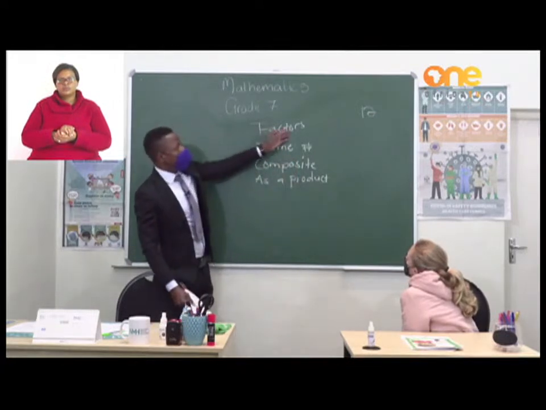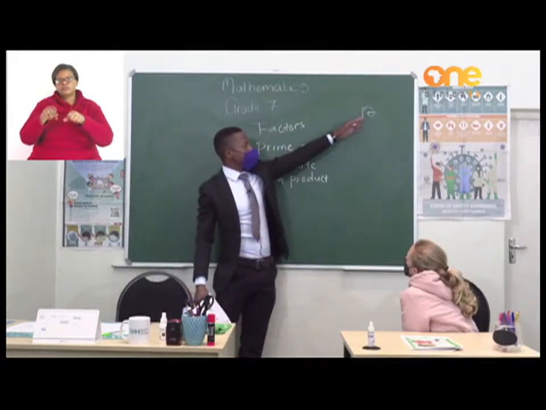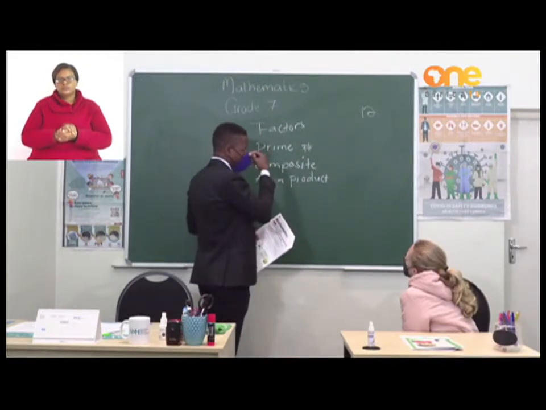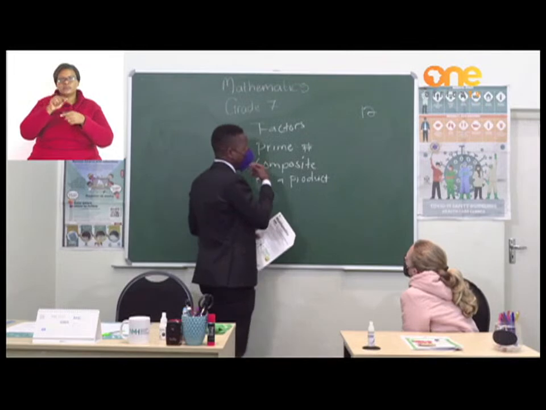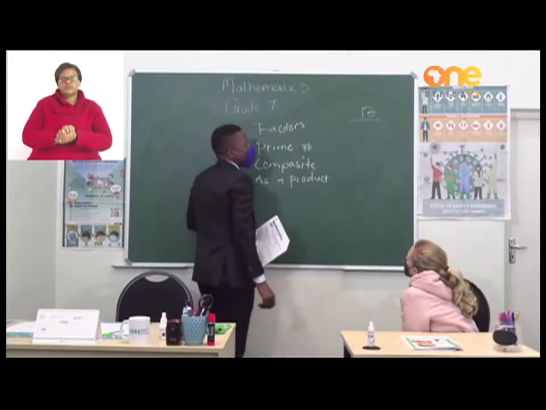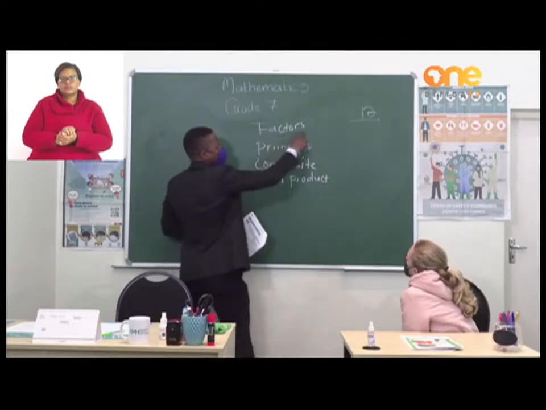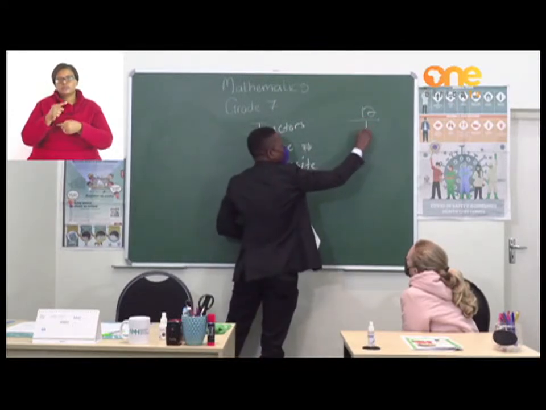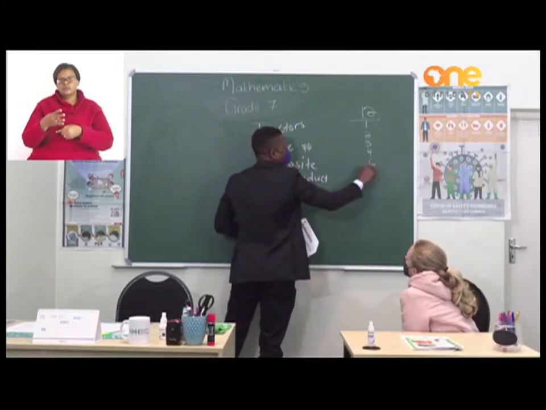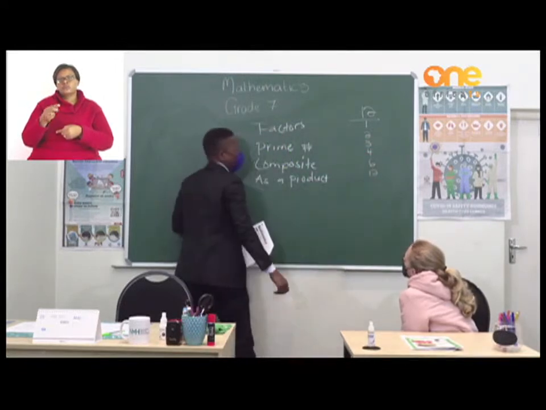The first one, we need to find all the factors of 12. A factor is a number that goes into a number without leaving a remainder. So the factors of 12 are 1, 2, 3, 4, 6, and 12.